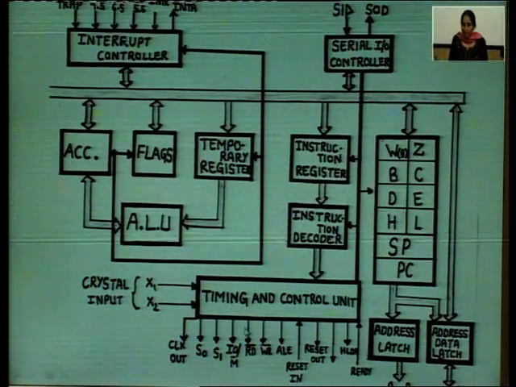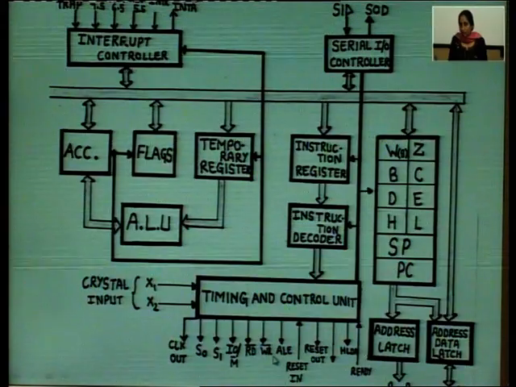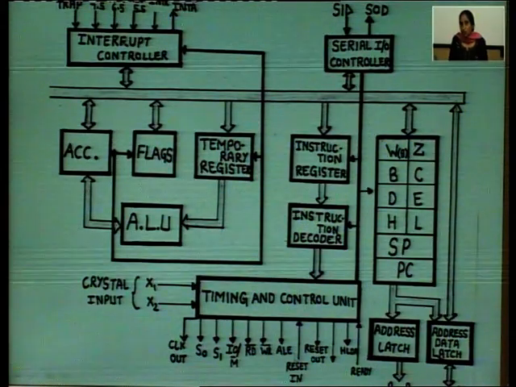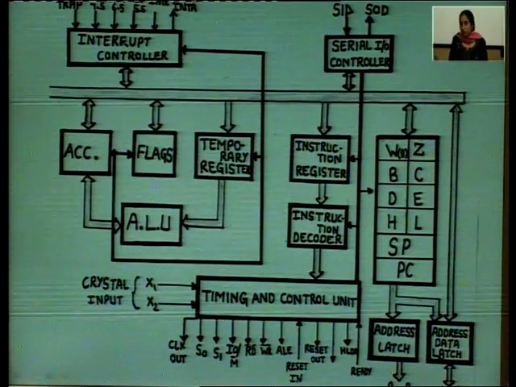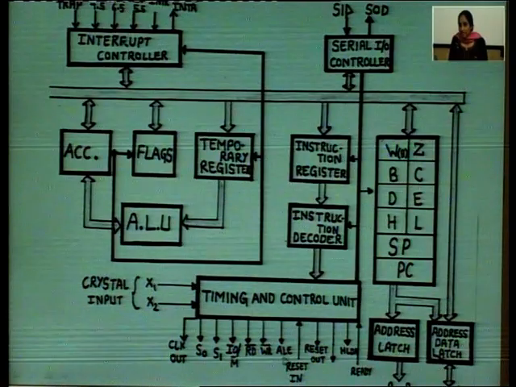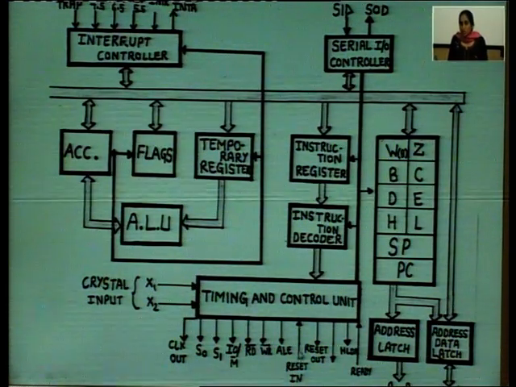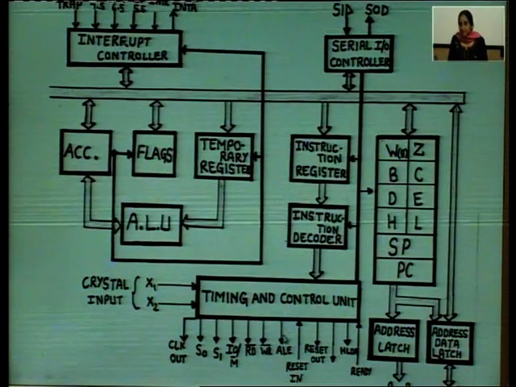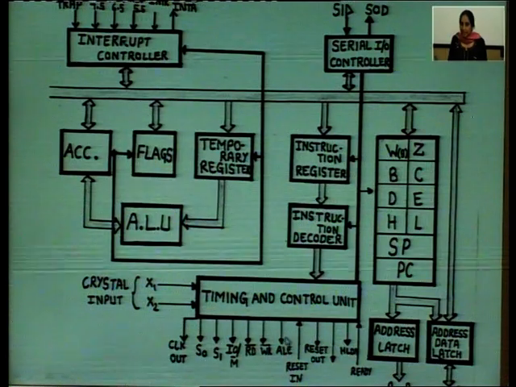Read is an active low signal, and write is also an active low signal. To read or write, these pins are used from a selected memory location or input output device. Then address latch enable. This pin is used to separate the address and data bus, that is, to demultiplex the address and data bus.